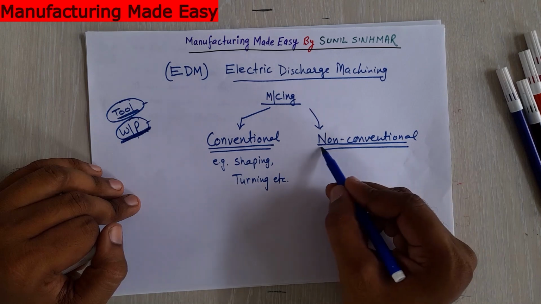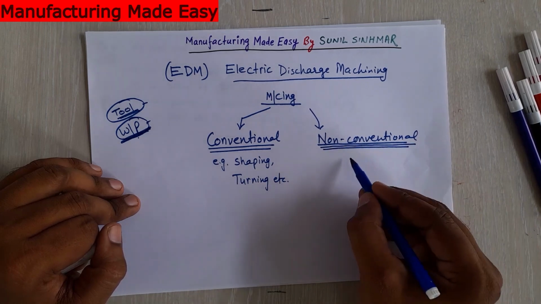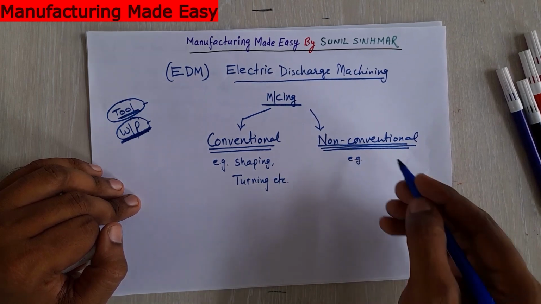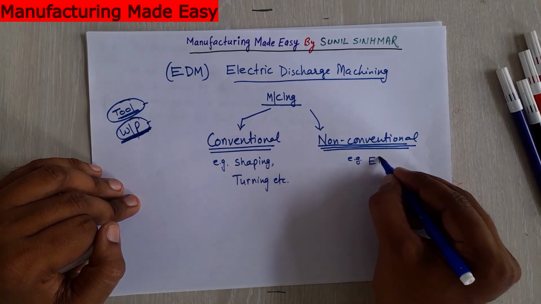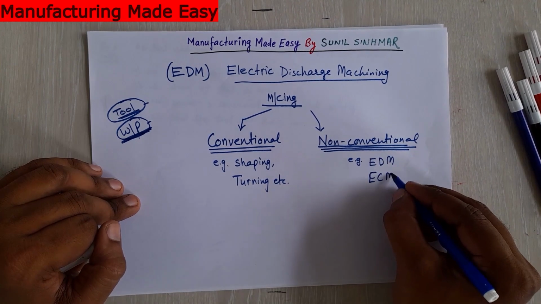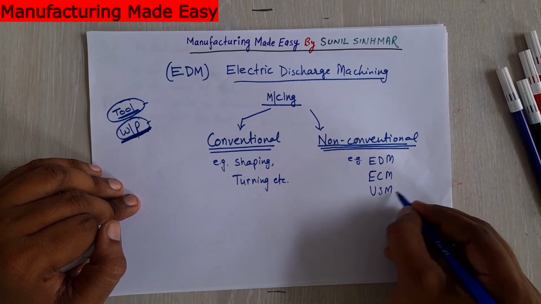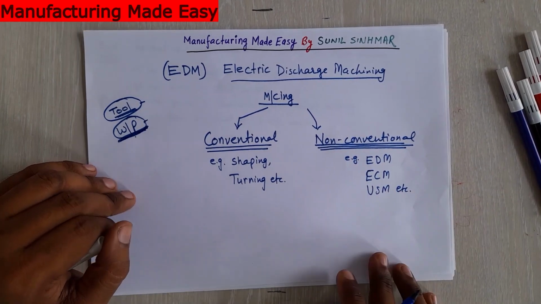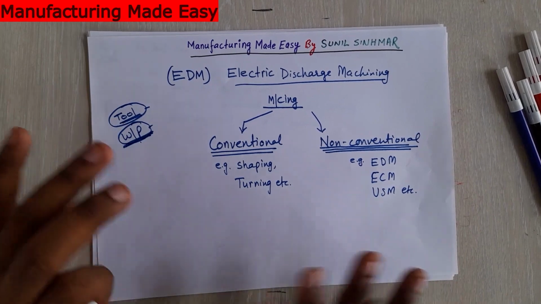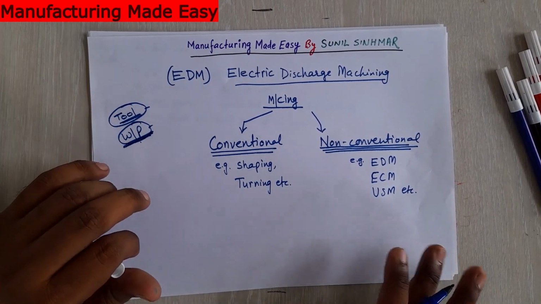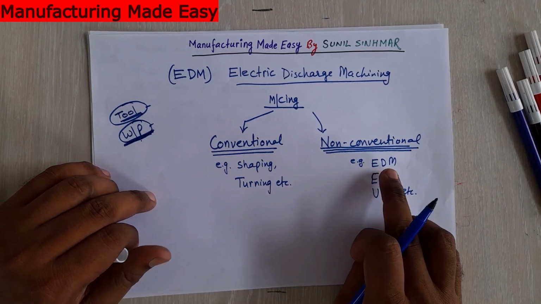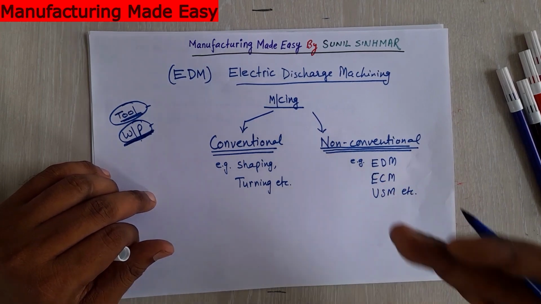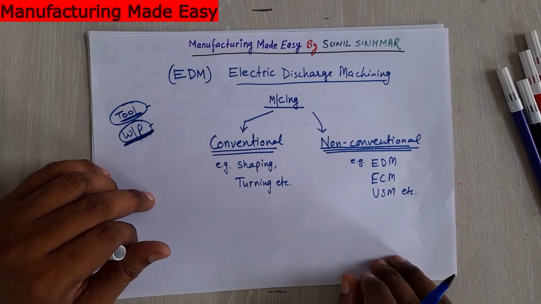Examples of non-conventional machining processes are electric discharge machining, electrochemical machining, ultrasonic machining, etc. So conventional and non-conventional machining are clear, and as I have discussed, electric discharge machining, EDM, comes under the non-conventional machining processes.